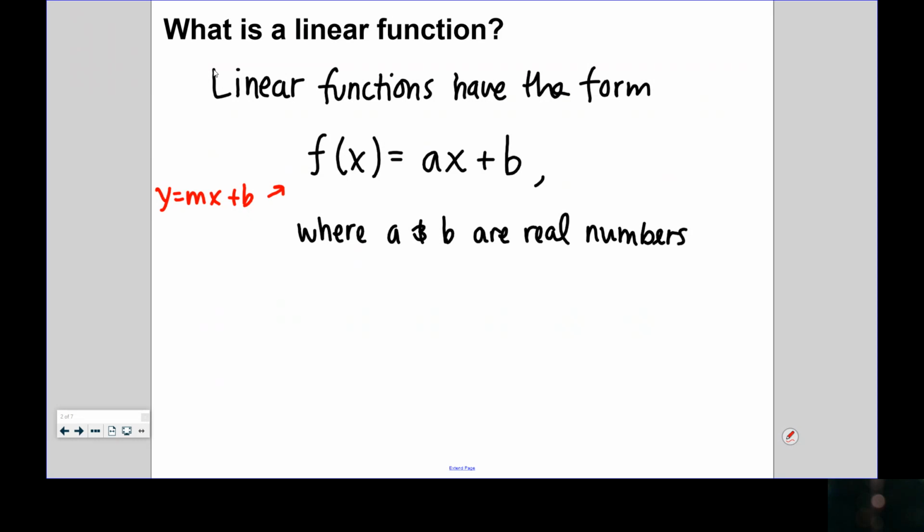So graphically, when you graph these linear functions, they will look one of a few ways. They could be a line that looks like this. This would be a line with a positive slope.